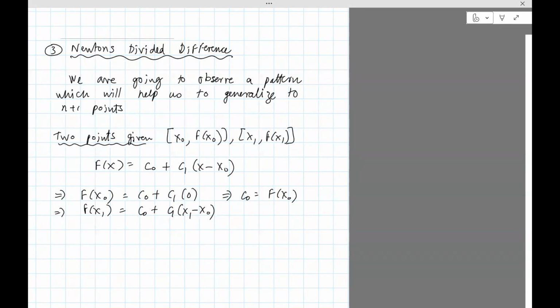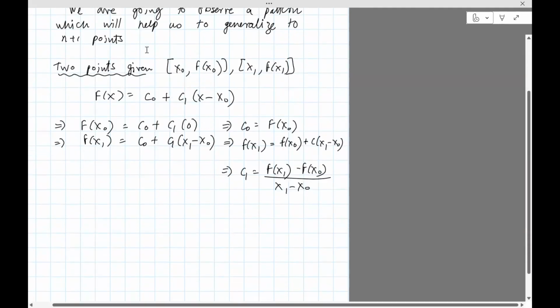But we do know what C0 is. C0 is what we solved from the first equation, right? So C0 is f of x0. And so we can write f of x1 equals f of x0 plus C1 times x1 minus x0, which means we can now solve for C1. It is f of x1 minus f of x0 divided by x1 minus x0.